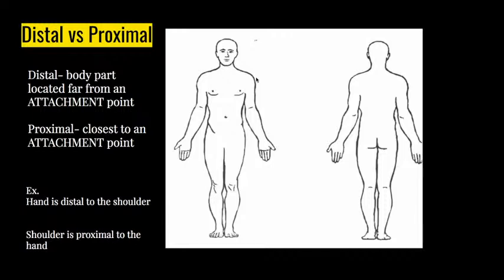Next, in contrast, proximal has the opposite meaning of distal. Body parts closest to the attachment point are considered proximal. The shoulder is proximal to the hand. See that the shoulder is closer to the attachment point than the hand is.